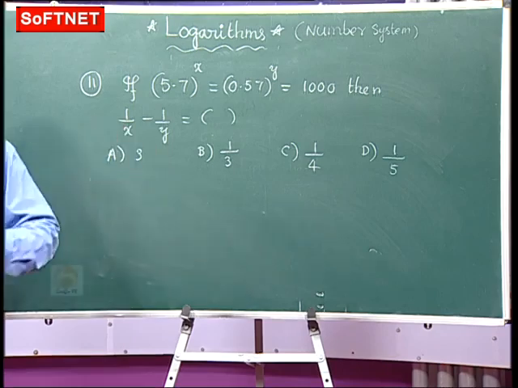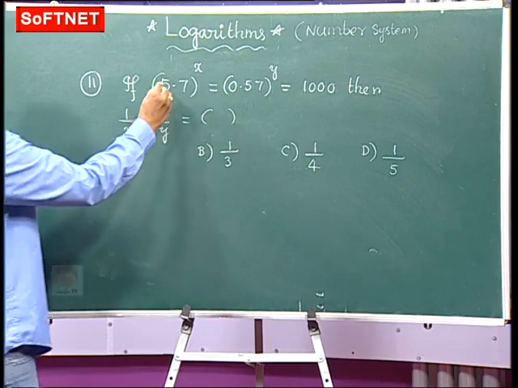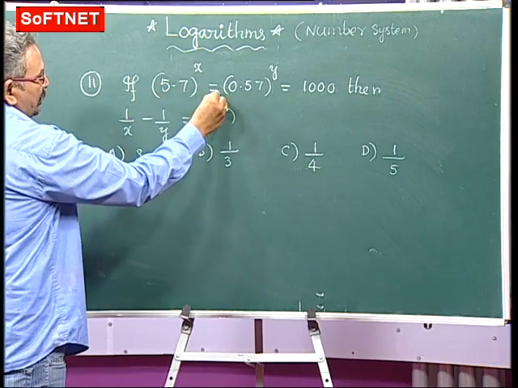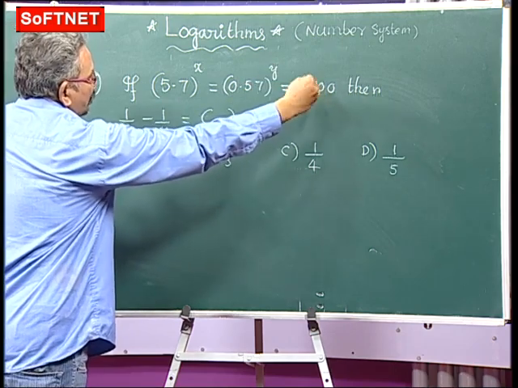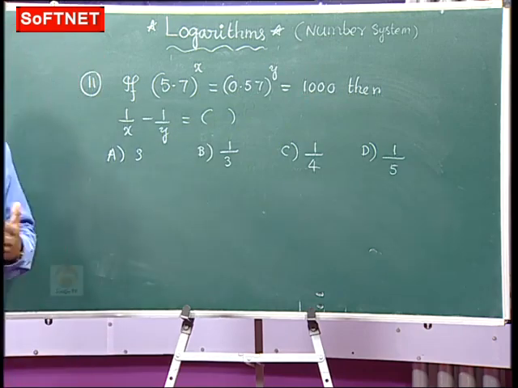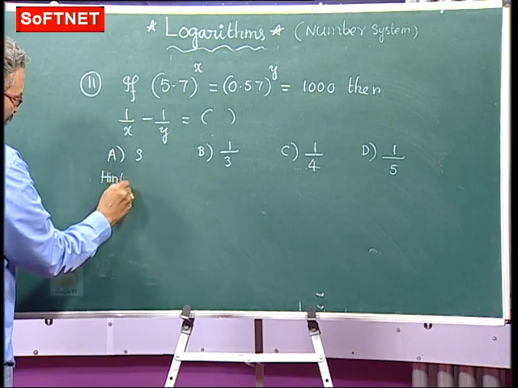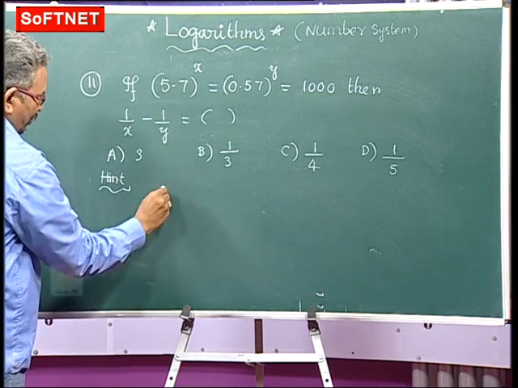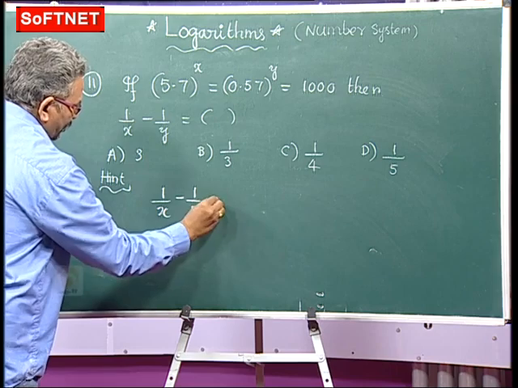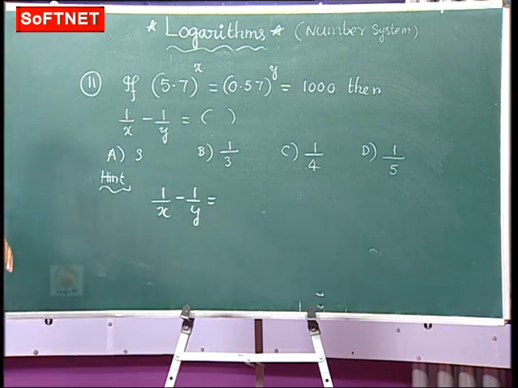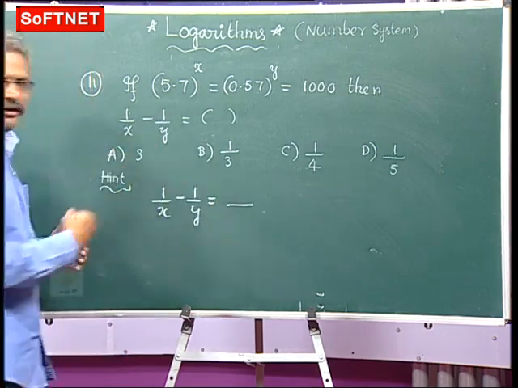So what is the shortcut behind this problem? Here, 5.7 whole to the power of x is equal to 0.57 whole to the power of y is equal to 1000. Always the number of zeros will be given here. So now you remember this problem like this: 1 by x minus 1 by y equals to, numerator and denominator you have to write.